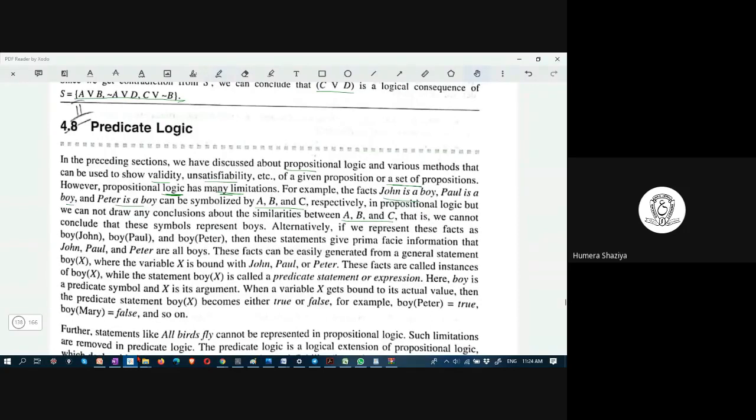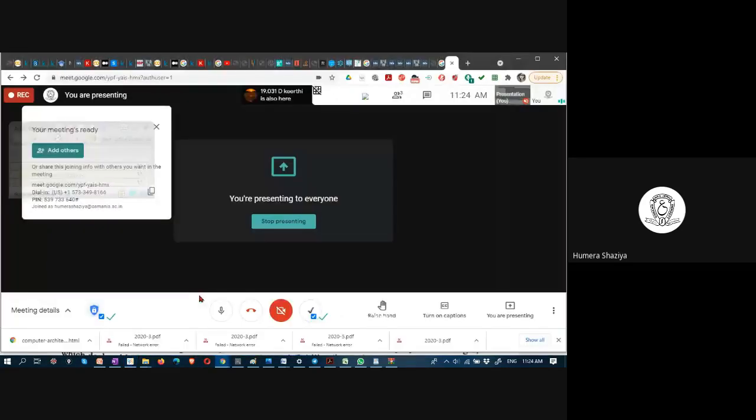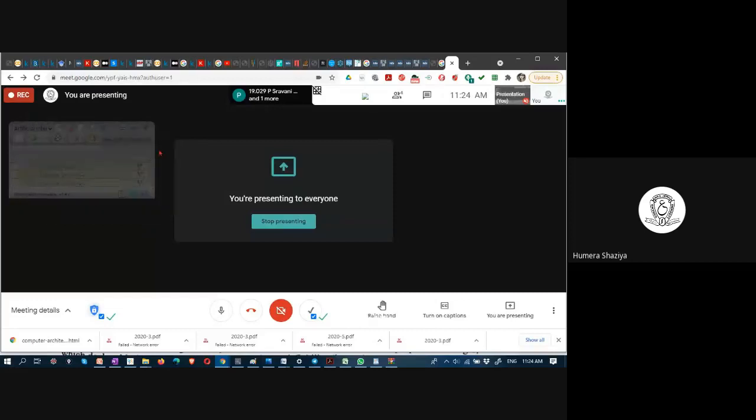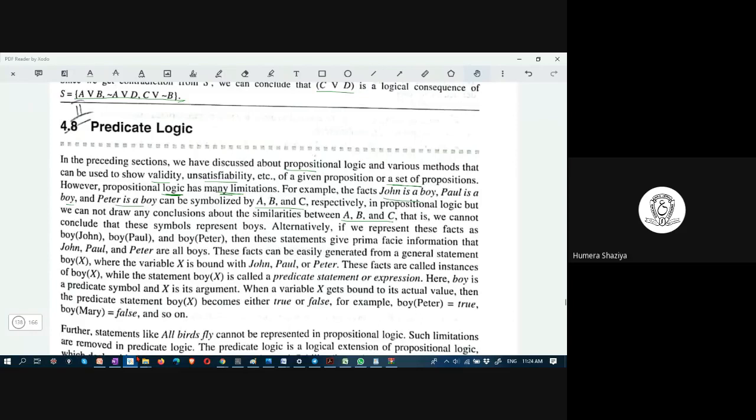We know that John, Paul, and Peter are all boys, but that similarity we cannot obtain in propositional logic because the entire statement is denoted as a symbol. That is the limitation.